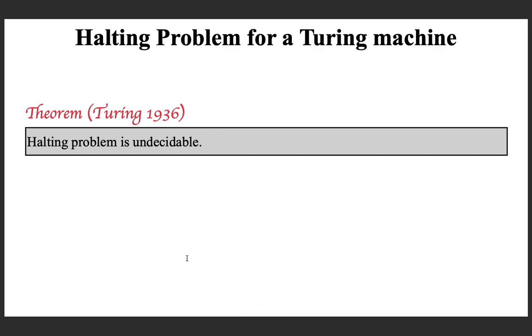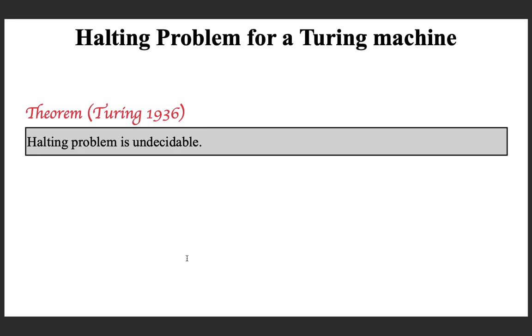Now we can look at this theorem by Alan Turing, who stated and proved it in 1936. What he proved is that the halting problem is undecidable. So no one can have a total Turing machine deciding the halting problem. What is the halting problem?